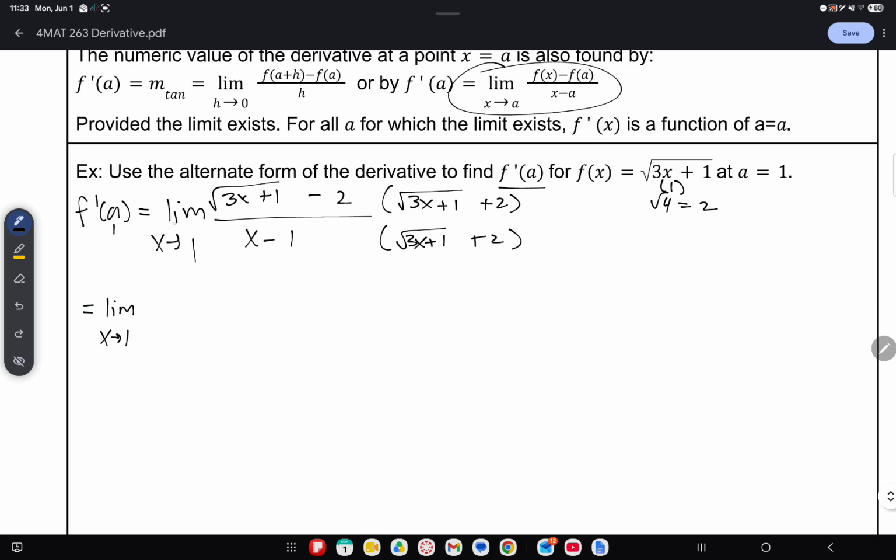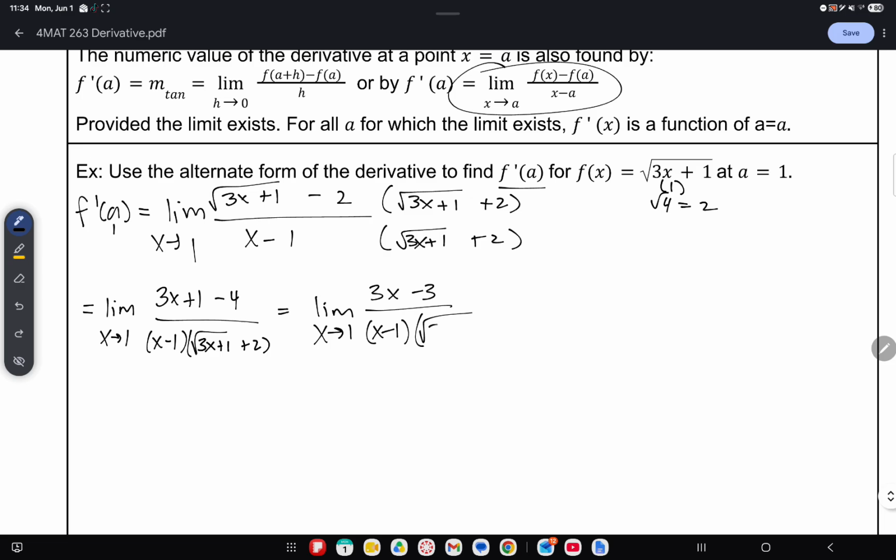All right, so the top will have 3x plus 1, and then we'll have minus 4 all over x minus 1 times square root of 3x plus 1 plus 2. Can simplify that numerator. So I have the limit as x goes to 1 for 3x minus 3 all over x minus 1 times square root of 3x plus 1 plus 2.